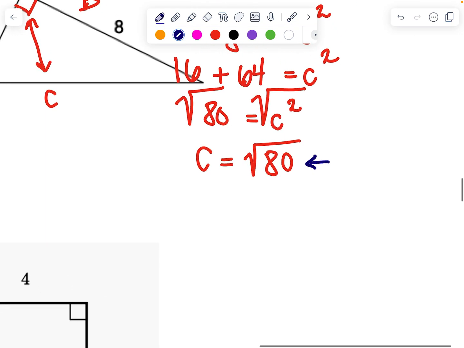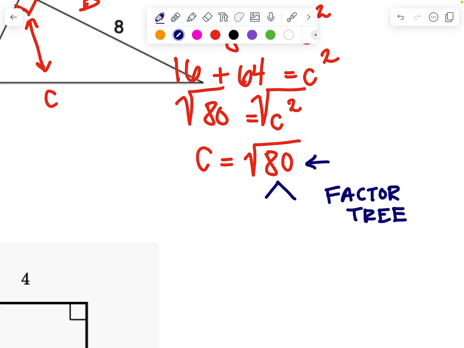Okay, so remember, we have these factor trees, where we're going to get 80 all into prime factors.